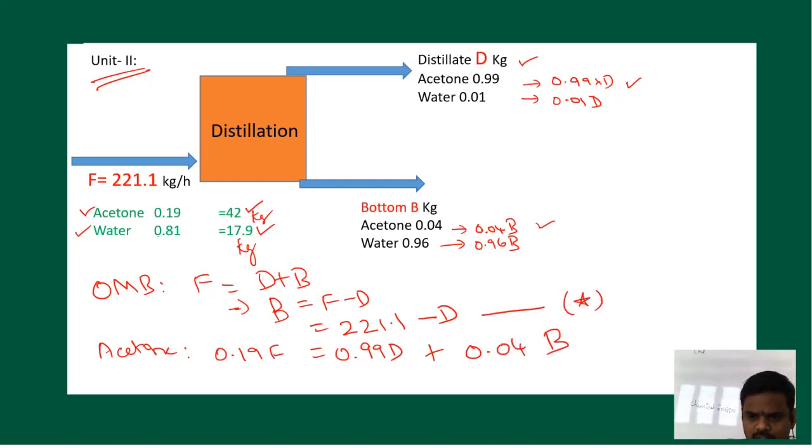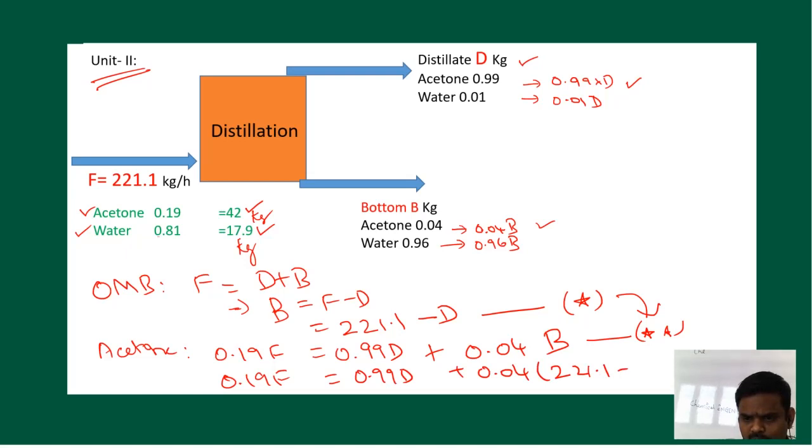We have an expression, right? Substitute this in this equation. You can write 0.19 into F equal to 0.99 D plus 0.04 into (221.1 minus D). Okay, so here the only unknown parameter is D. Simplifying, we get the D value. Okay, you can determine the value. Please proceed. What is the D value?